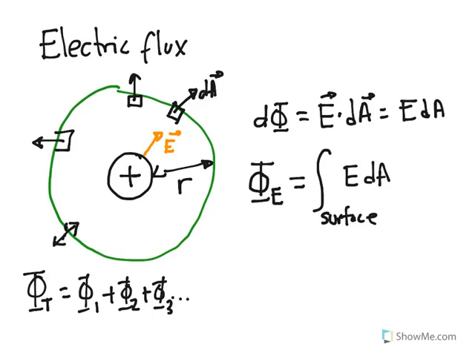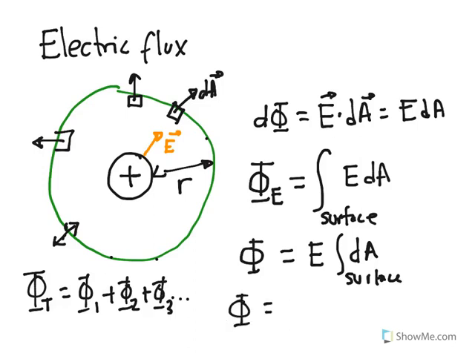Now, the electric field is constant, because we are evaluating it at a fixed distance r, so it can go out from the integral, and the integral over the surface of the differential of area is the area per se. And since this is a sphere, the area is 4 pi r squared.